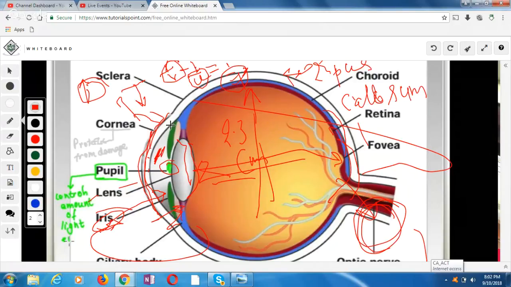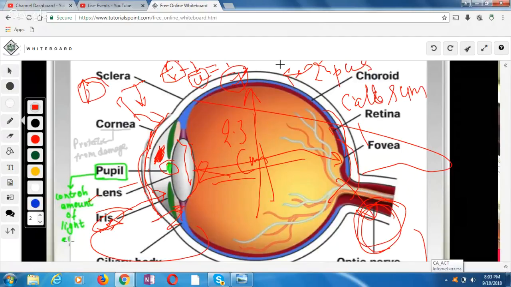Eyes are bulged in the front because of the presence of this aqueous humor. The second role of aqueous humor is that it also acts as a primary lens for certain focal lengths. So aqueous humor has two objectives: first, it provides bulging, and second, it acts as a primary lens for the incoming rays.